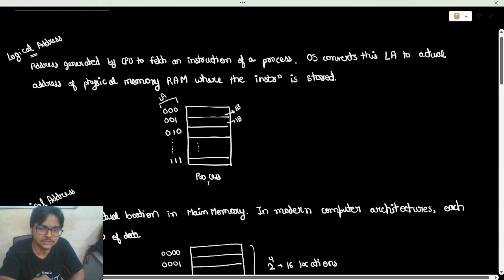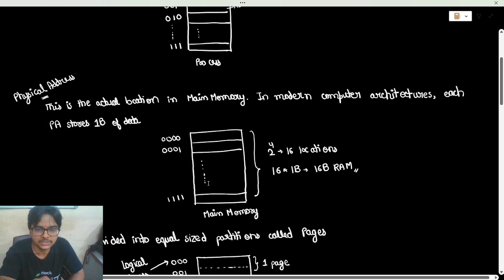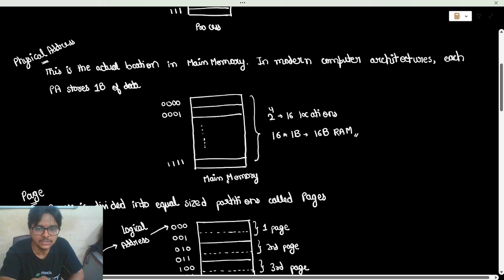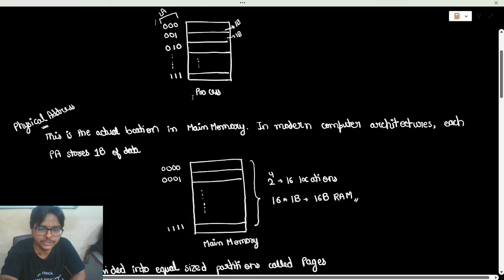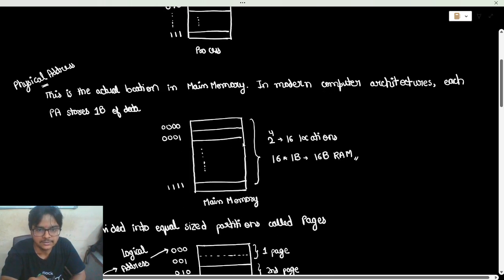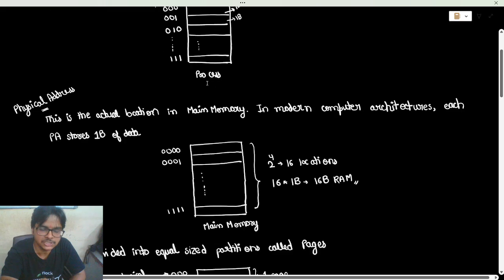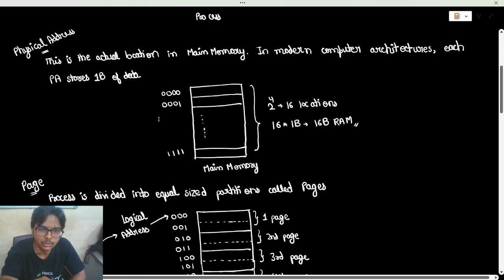There is another memory unit called main memory, which is RAM, random access memory. This particular process is loaded into main memory, and the particular instructions are stored on these addresses. These are the physical addresses, and they are known to your computer.